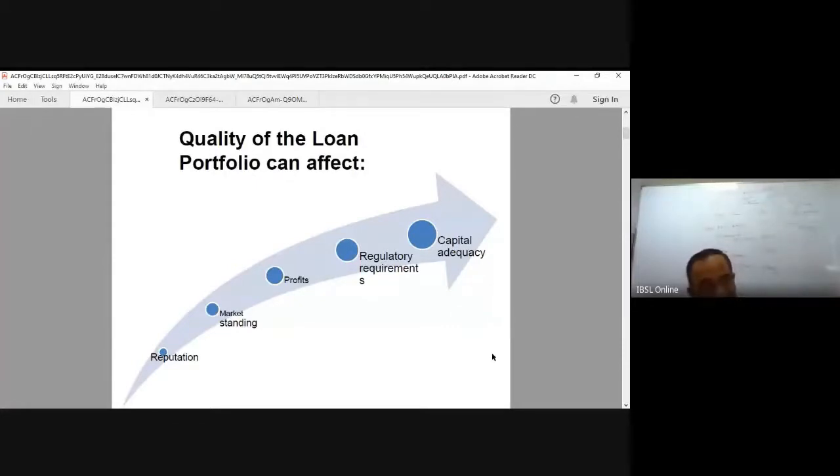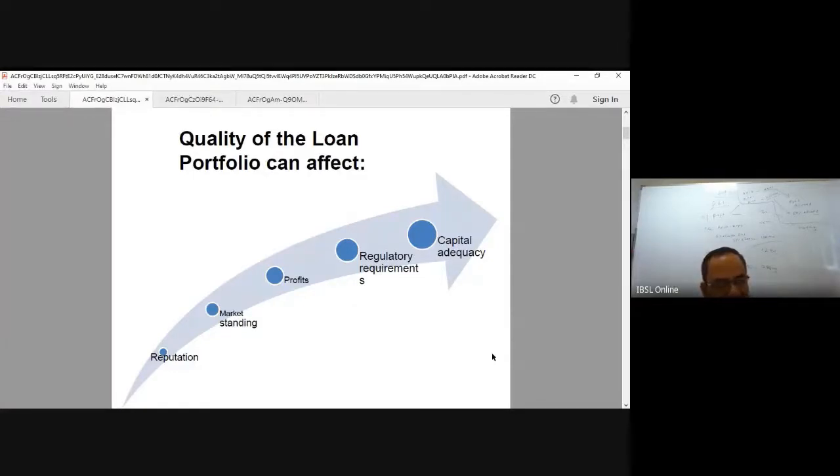Investors and stakeholders will be thinking, will there be a problem for the balance sheet in the future, in the continuity of the institution? It looks like they are not prudentially managing. Where they are putting their assets looks a bit riskier, and it can turn bad, and then the company can fall into trouble, right? So the quality of the loan portfolio can affect the reputation of the institution.